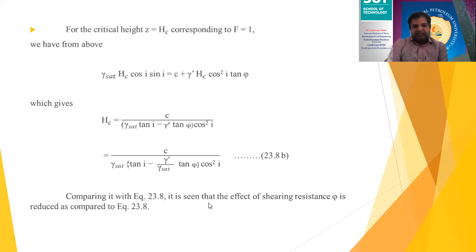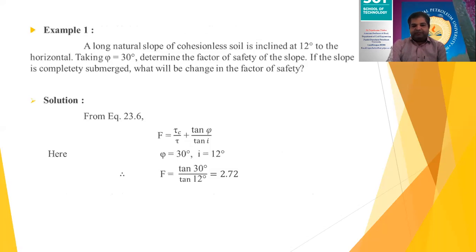Comparing with these equations, you can see the effect of shearing resistance is being reduced, which is comparable with the previous equation we found in 23.8. So this way you can derive the equation for cohesive soil as well for infinite slope.